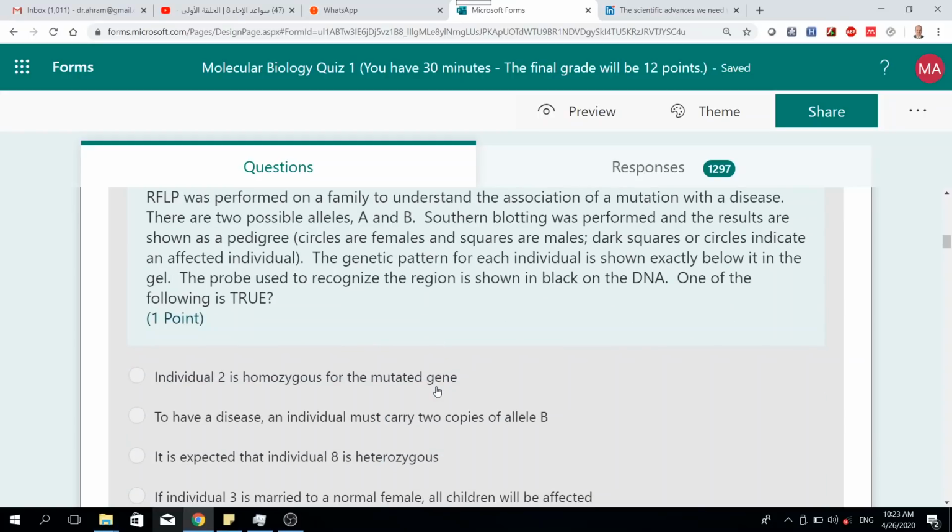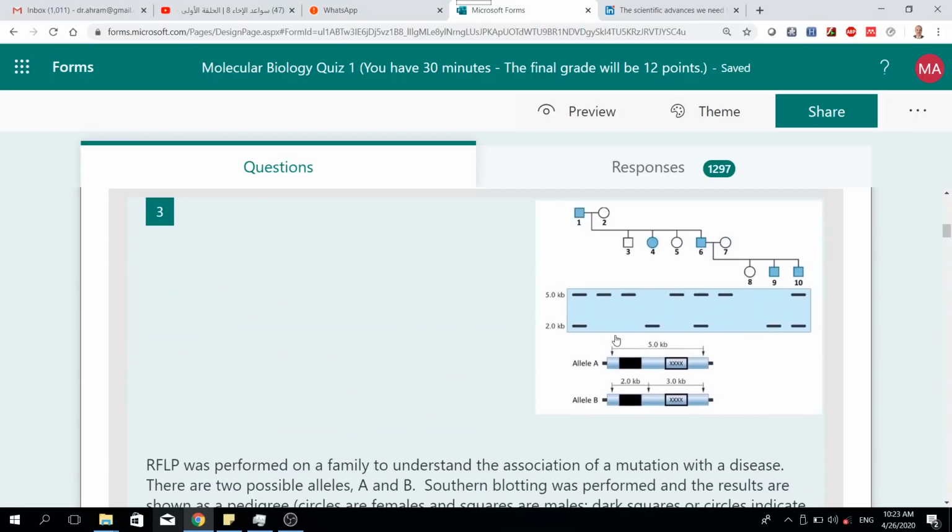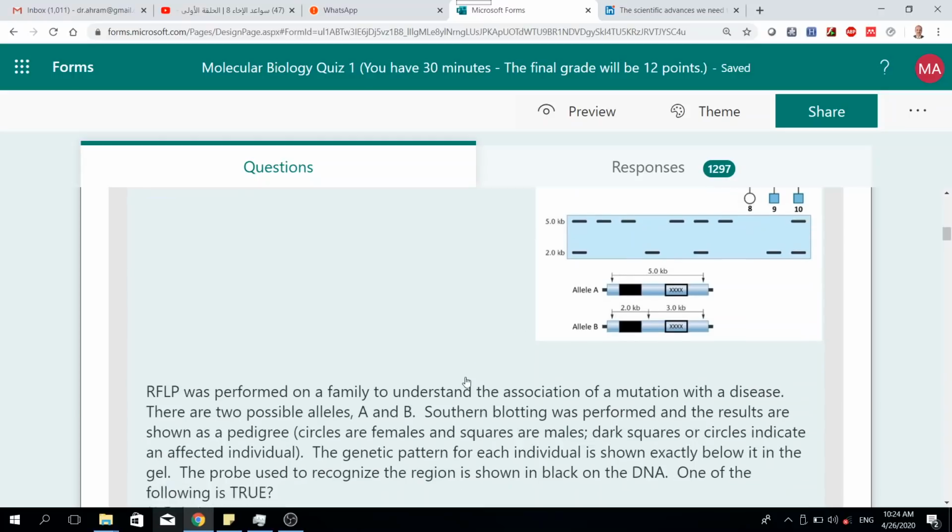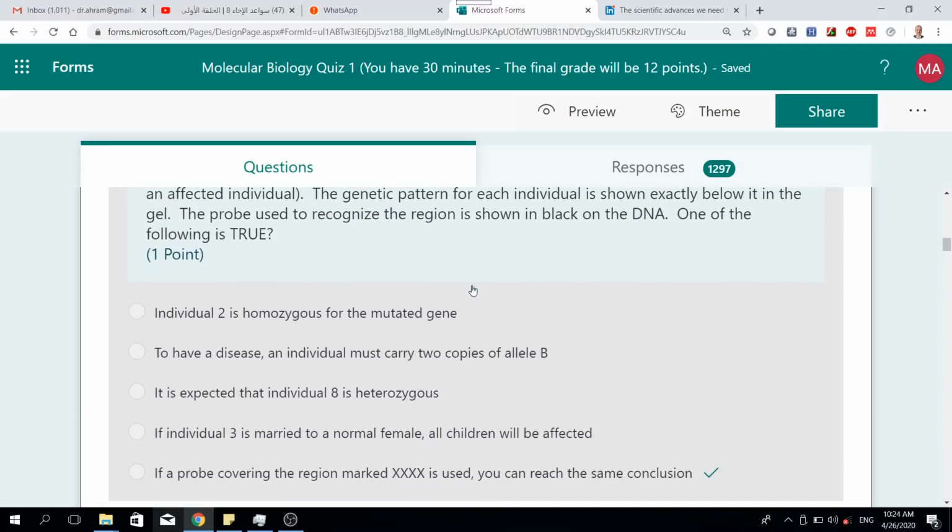To have a disease, an individual must carry 2 copies of allele B. Well, that's not right. Why? Look here. This male is affected, but he is heterozygous, having only 1 copy of allele B. So that's not right. Same thing here: this female is homozygous, but she has 2 copies of allele B. So that's not right.